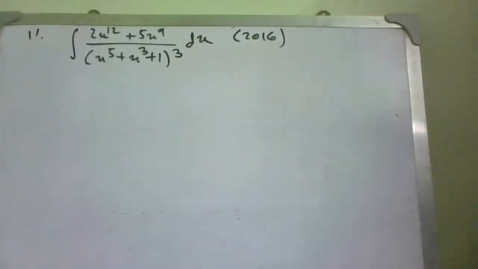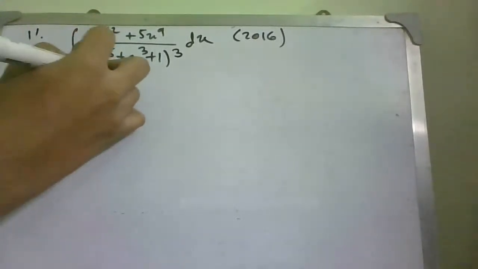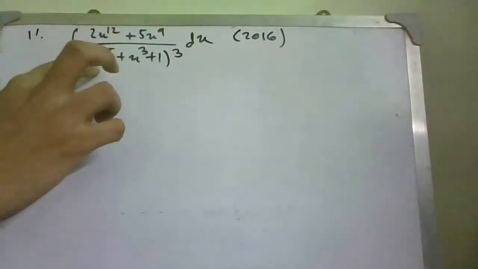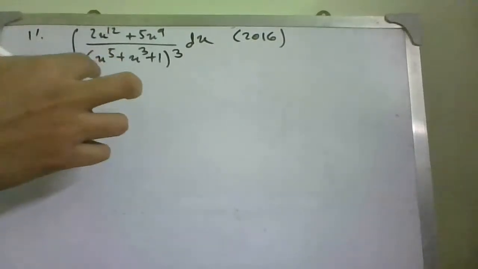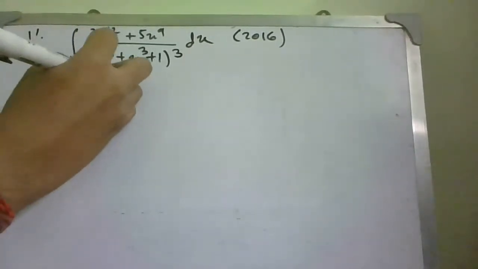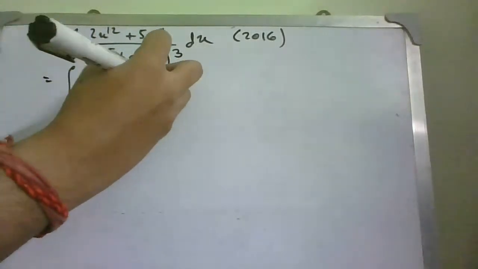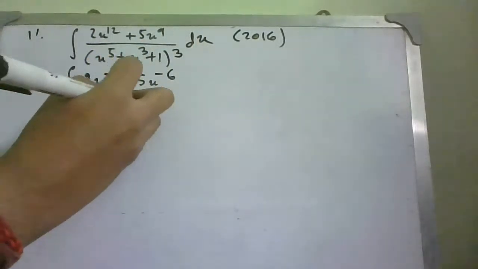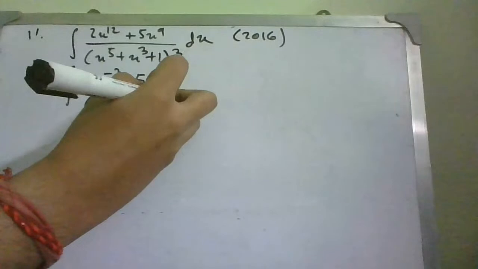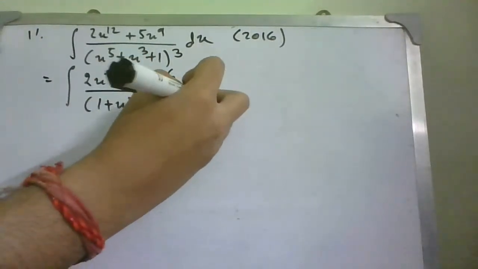Okay, so what we can do from here, let's take x to the power 5 common from here. We'll have x to the power 15 in the denominator, and so we will have 2 x to the power of minus 3 plus 5 x to the power of minus 6 over (1 plus x to the power minus 2 plus x to the power of minus 5) cubed.